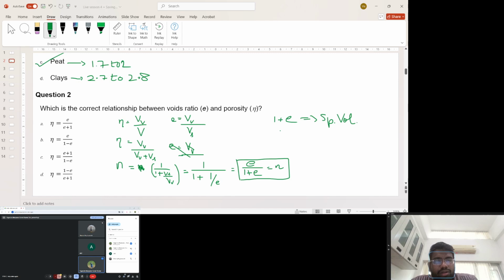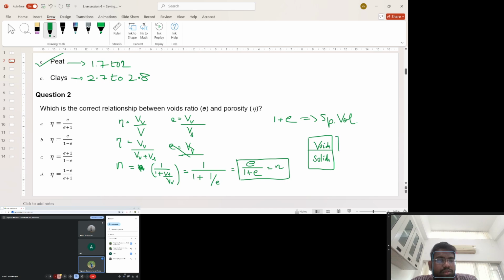So here, if you take the phase diagram, it contains volume of solids plus volume of voids. So this is solids, this is voids.